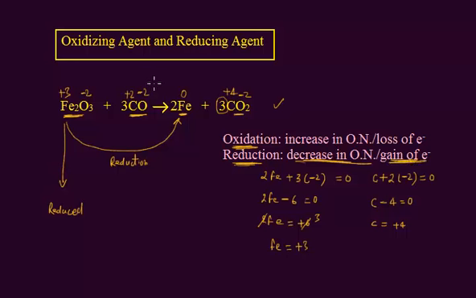On the other side, the oxidation number of carbon atom is increasing from +2 to +4. An increase in oxidation number is considered as oxidation. I mentioned here oxidation. It means carbon is being oxidized in this reaction. It means it is losing electrons.